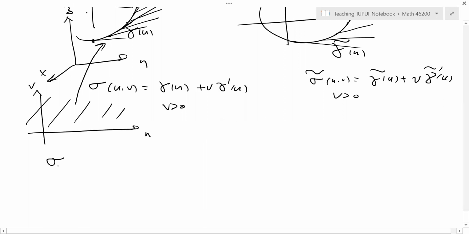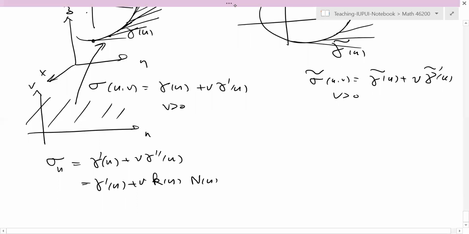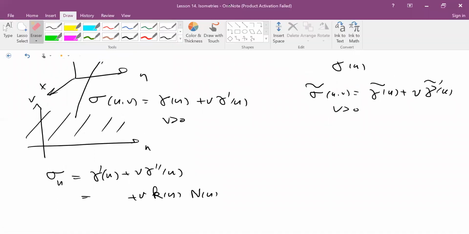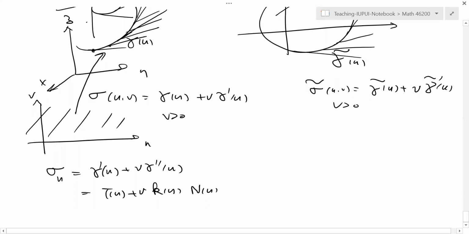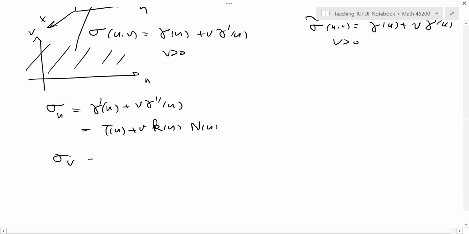Sigma u is gamma prime(u) plus v curvature k(u) and the normal vector N(u), right? And this will be the curve tangent vector, so I'm going to change it to T. Sigma v is just gamma prime, which is T(u), the tangent vector.